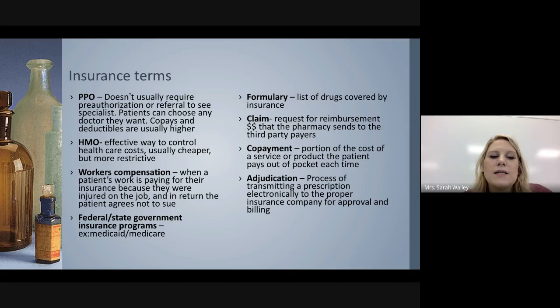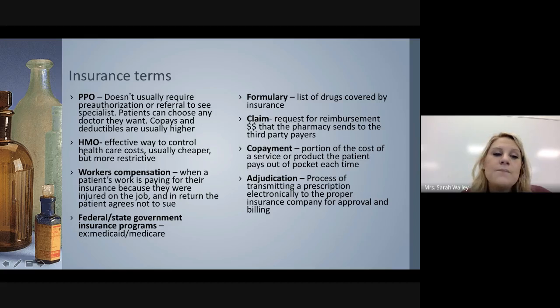The biggest difference, and usually the answer, is that PPOs don't require pre-authorization or a referral to see a specialist. So if you break your leg and you have a PPO, you could just call up a specialist, like an orthopedic surgeon, and make an appointment, and they wouldn't require you to go to your primary care doctor first. They would just say, okay, we can see you.